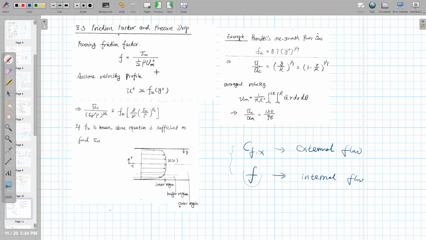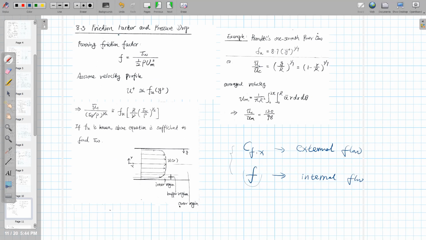To solve this friction factor, we want to solve for tau_W, so we need to know the velocity profile, what the turbulent velocity profile will be. Again, we can define U plus as some function of y plus, and based on different regions, we have the inner region very close to the wall, where we can consider it just laminar with no turbulence.